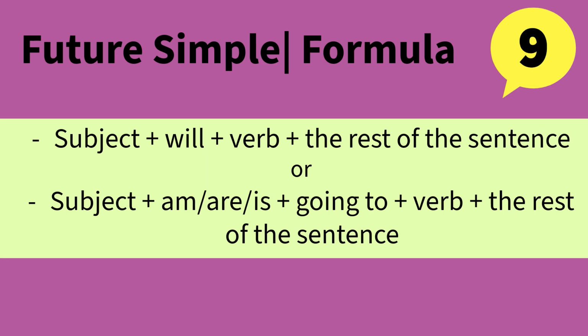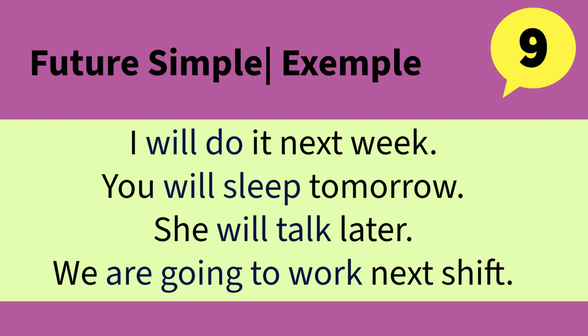Or subject plus am or are or is plus going to plus verb plus the rest of the sentence. Here are some examples. I will do it next week. You will sleep tomorrow. She will talk later. We are going to work next shift.